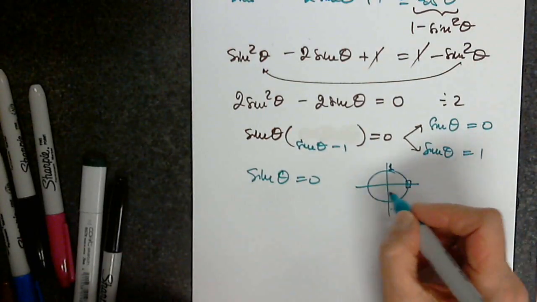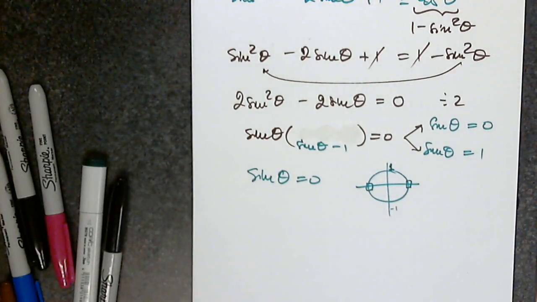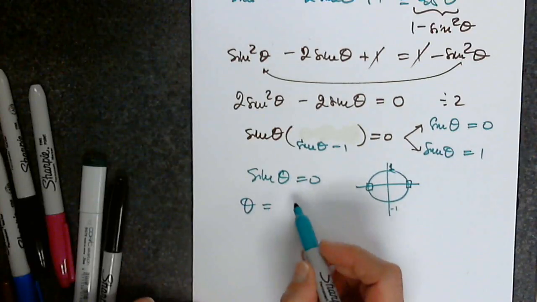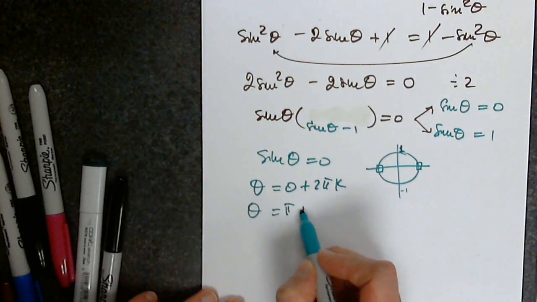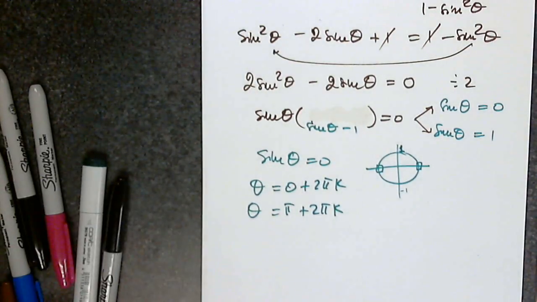So here and here. There are 2 options: theta equals 0 plus 2 pi k, or theta equals pi plus 2 pi k. You could condense them into pi k if you wanted.